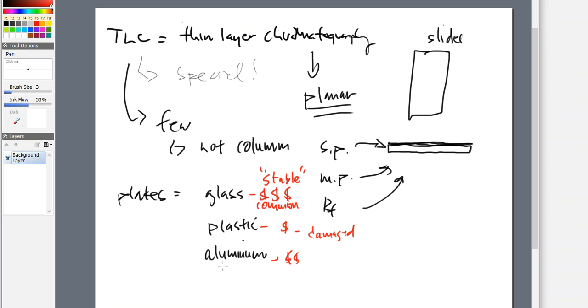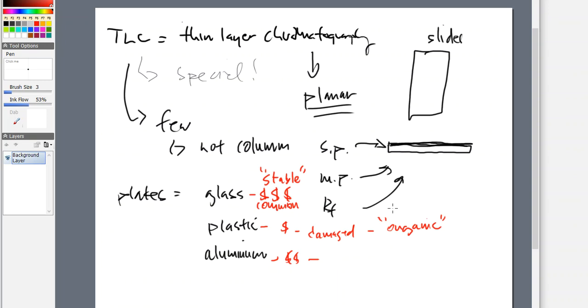So even though the aluminum here is okay, it's going to be a problem still, just like plastic is. The reason that the aluminum is an option is because the plastic ones do not do well in very organic types of solvents. They never have, they never will. So anytime I'm using straight up organics, I need to keep those away from the plastic materials that are used in a laboratory setting.